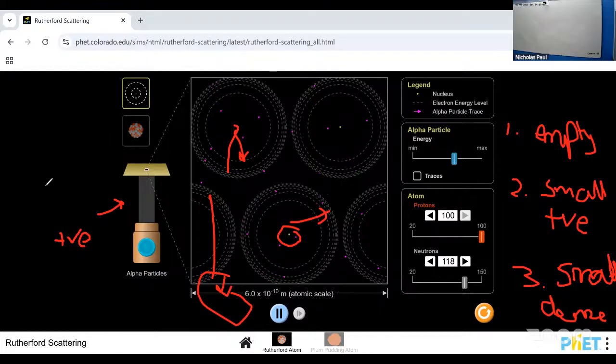So if you look at the diagram I sent in the group, right?